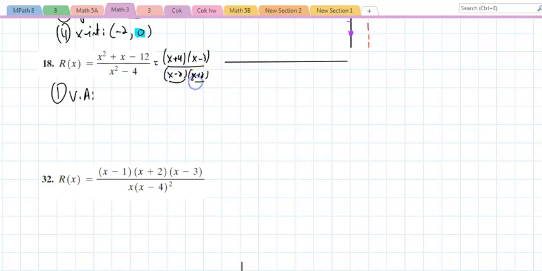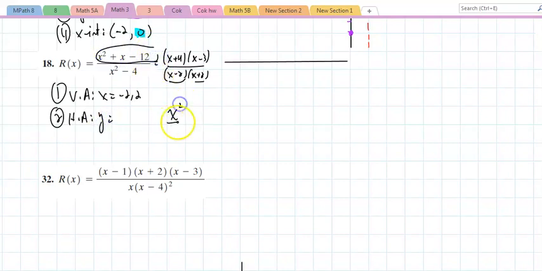Isn't the domain you cannot have a negative 2 or a 2? Horizontal asymptote, it's always this dominance business. Y equal. What dominates the top? Isn't that x squared? What dominates the bottom? Isn't that x squared? Don't these cancel out and you're left with a 1? So it's always a bit of work.